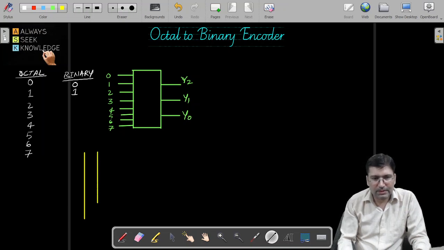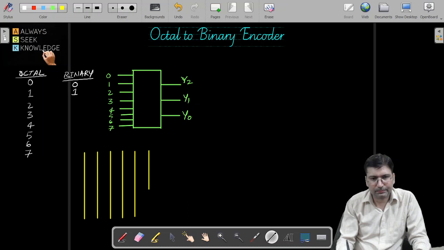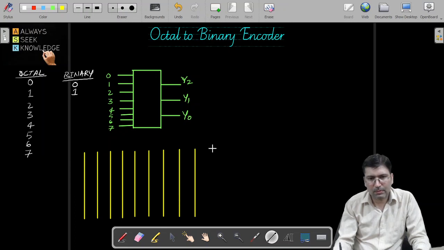Let's say we have 8 inputs. Like this we can draw it.